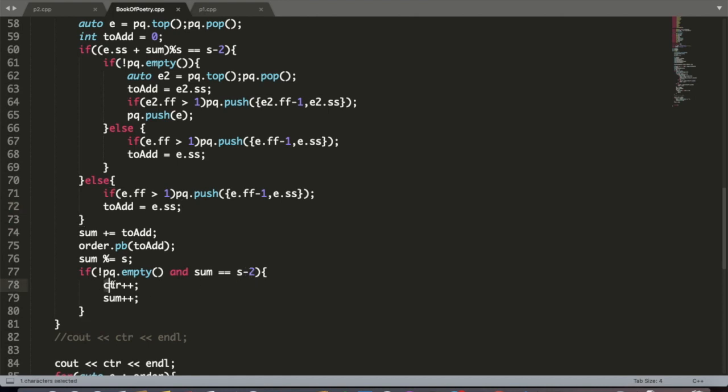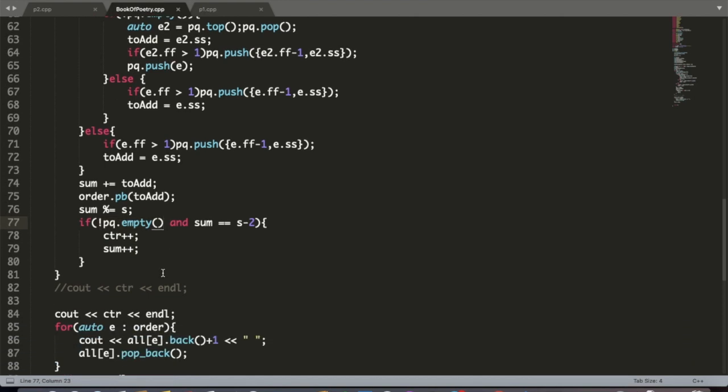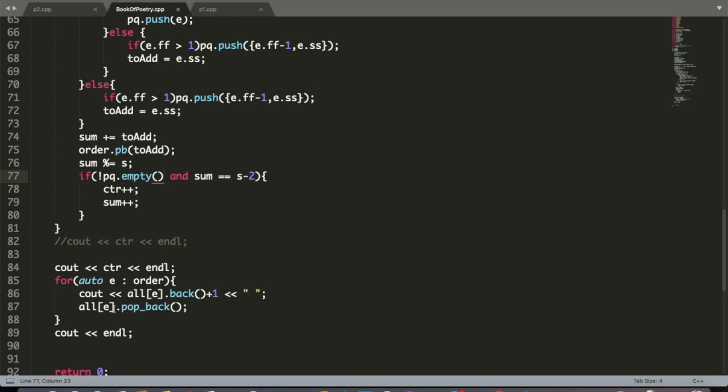If it is, then we have to do ctr plus plus. Note that I am also checking whether the priority queue is empty or not, because if the priority queue is empty, that means all my poems have been exhausted. Then that last line would not have been counted as an empty interior line. That is also mentioned in the problem. And then we just output the counter and then the order of the books.